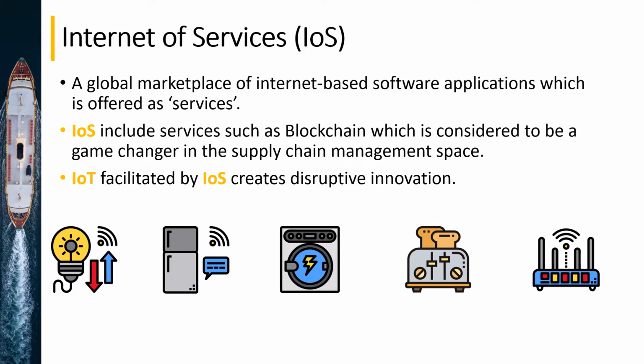Blockchain is basically a distributed database, and it enables us to track every single movement within the database. For IoT to function, it needs IoS, and a combination of IoT and IoS is required for Industry 4.0 to happen.